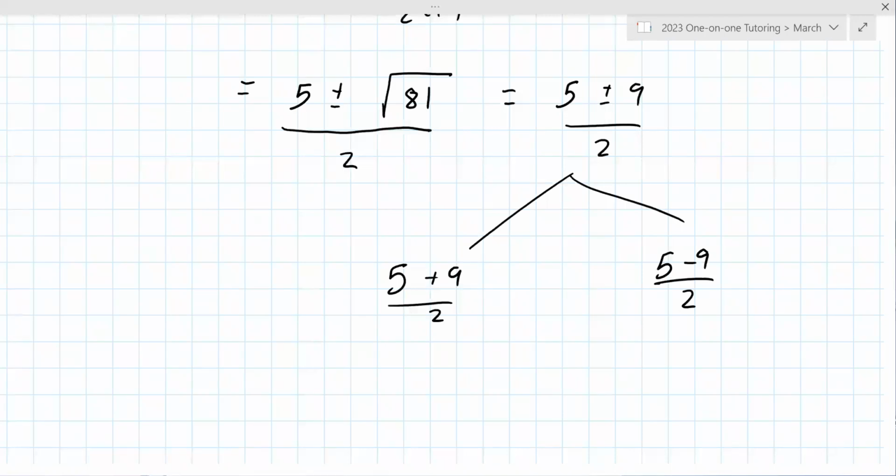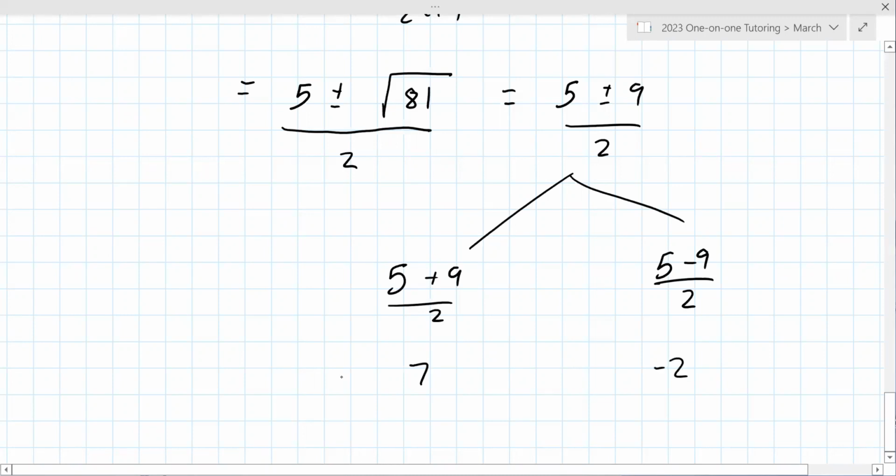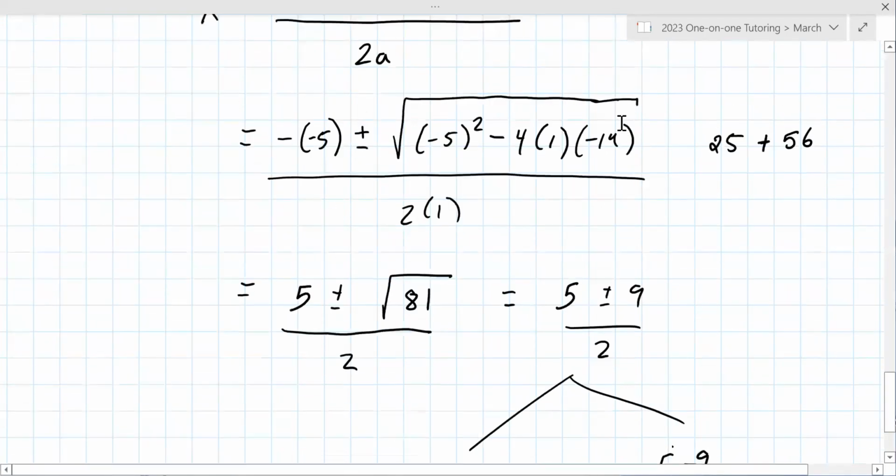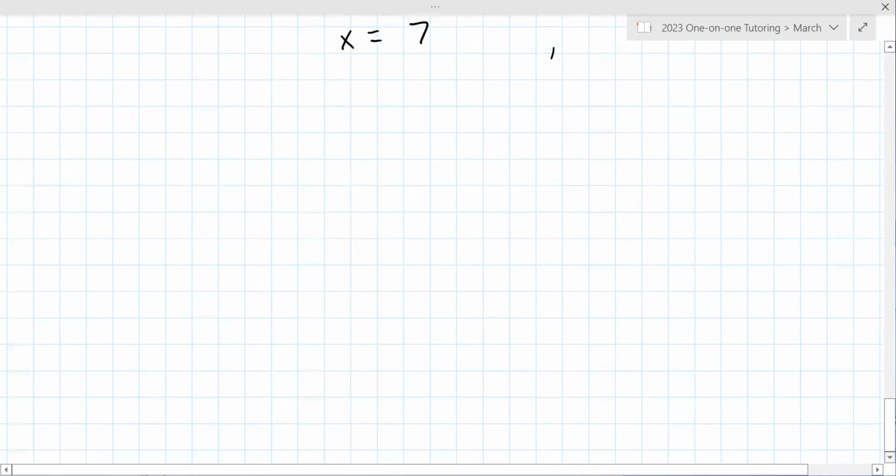X equals 7, X equals -2. Yes, that's correct. Very good. Okay, so again, really this part under the root is the most important part. So we're just going to focus on that for a few problems here.